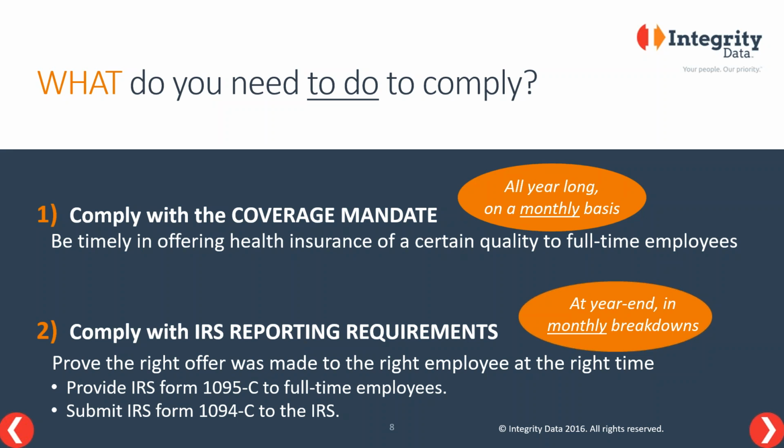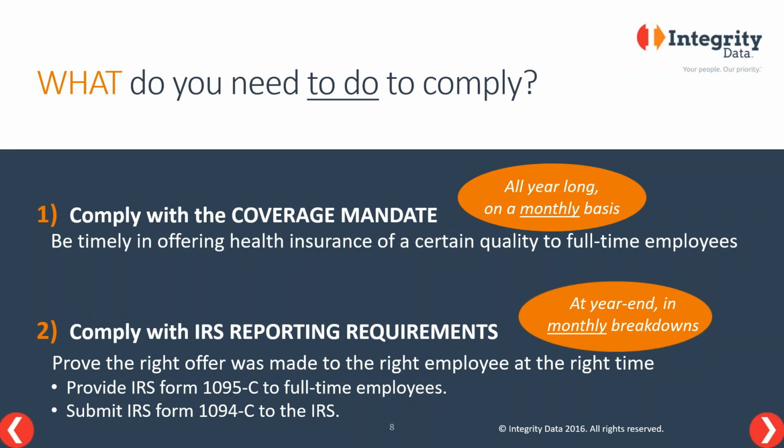That's traditionally done through the eligibility methods: the monthly measurement method and the look-back measurement method. Most employers with part-time employees use the look-back measurement method, which, stated simply, is if an employee averages 130 hours of service per month over the look-back period, which is typically 12 months, then you need to offer that employee health insurance.